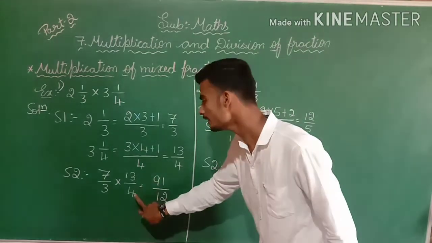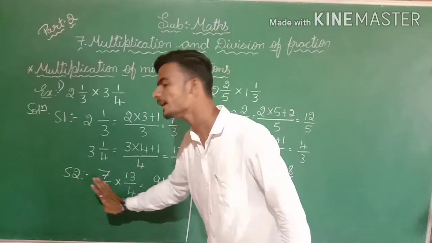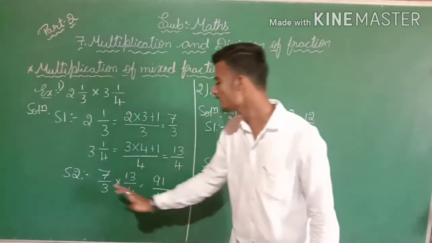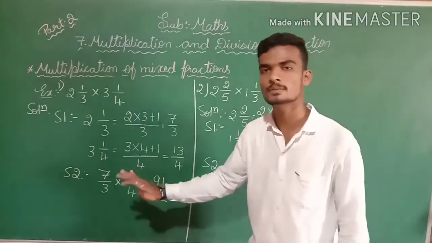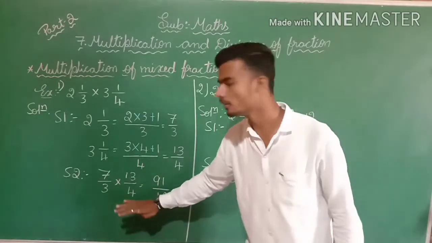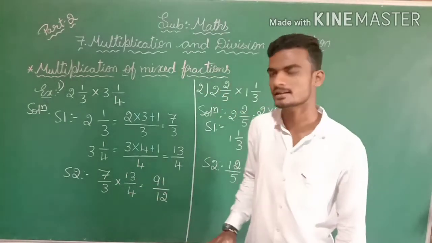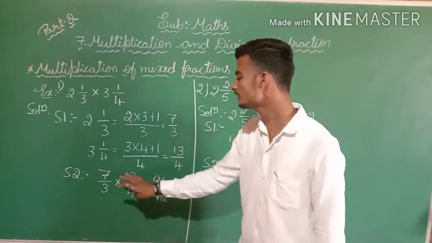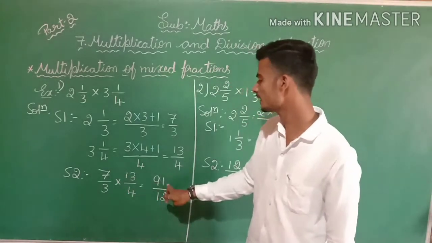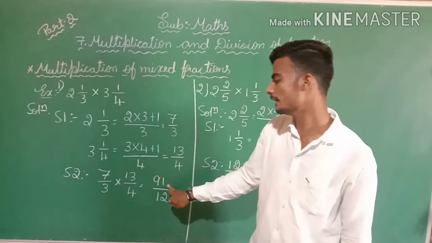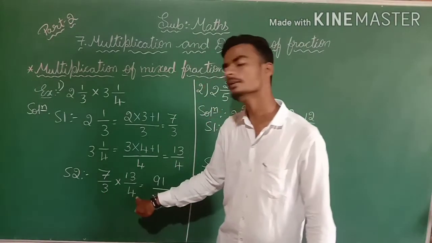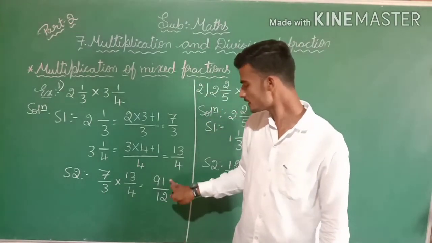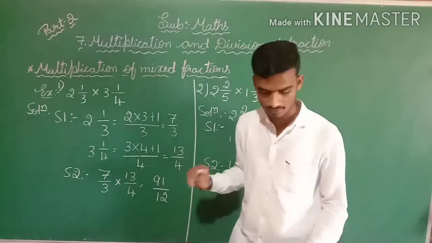Then multiply numerator with numerator and denominator with denominator. 7 into 13: 7 13s are 91. Then 4 3s are 12. This is the answer we got here.